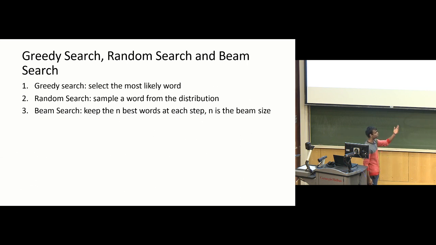You could do random search, where based on the entire distribution of the output words, you sample the most likely sentence. You have beam search. This one is quite popular, and this will be covered in the next recitation. You'll be going over the n best words, and then maintaining a beam width of that.